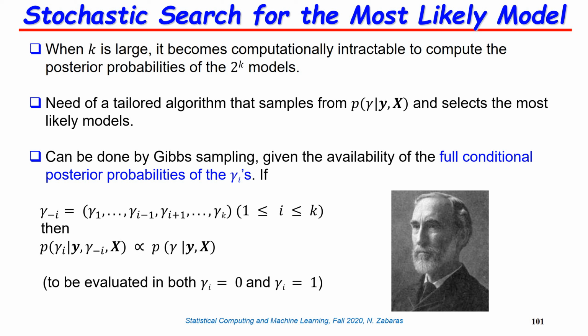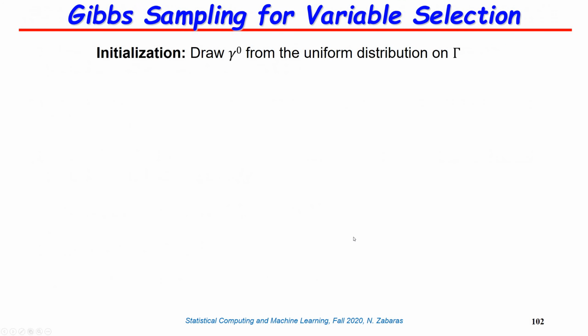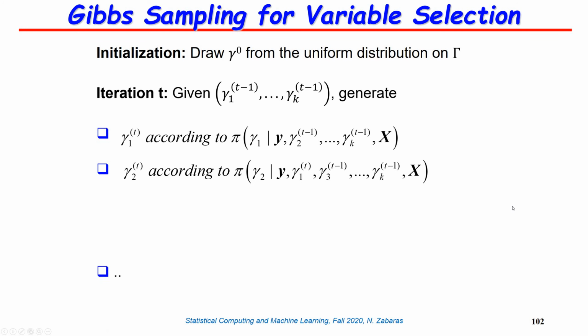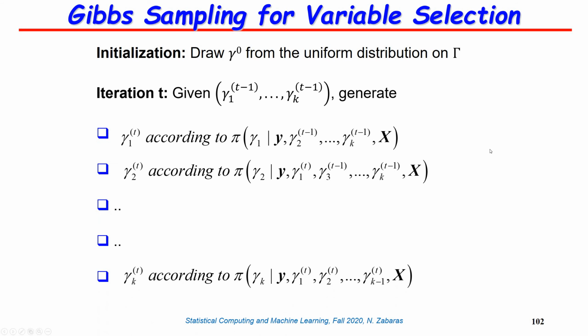Okay, so Gibbs sampling actually cannot be that difficult. So let's see how we can actually implement Gibbs sampling. So if I just cut and paste the generic algorithm, you can think of it as, let's say you do this with a systematic ordering, and you start updating gamma 1, then gamma 2, then gamma k. You're going to have to update gamma 1 by sampling from this conditional posterior distribution, where you keep all the other gammas fixed.